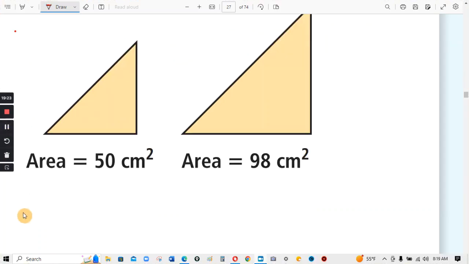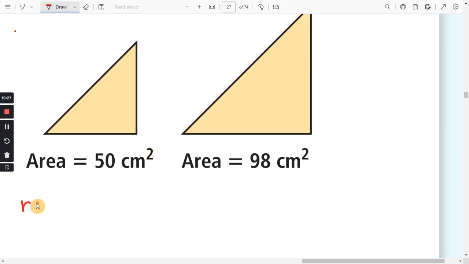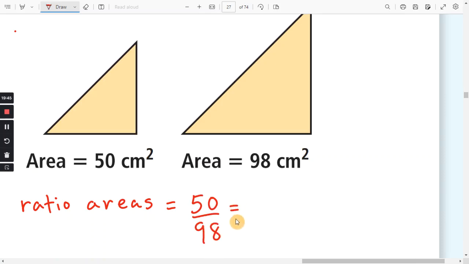So the ratio of the areas, we can just say that's 50 over 98. Now, before we do anything to that, it could make things easier if we reduce.